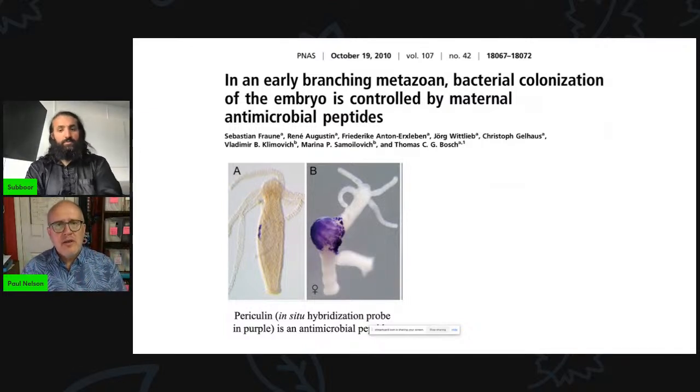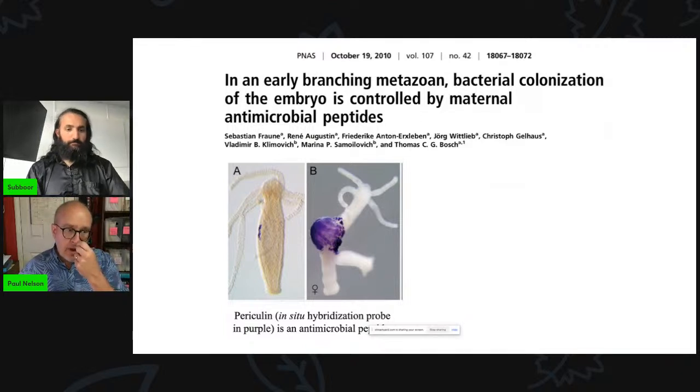So Hydra is a freshwater polyp that grows in the water column. The embryos grow in the water column. I mean, they spend their whole life there, frankly. And what else is in the water column? Well, a lot of bacteria looking for a meal. So as Hydra are developing, the mother supplies antimicrobial peptides.